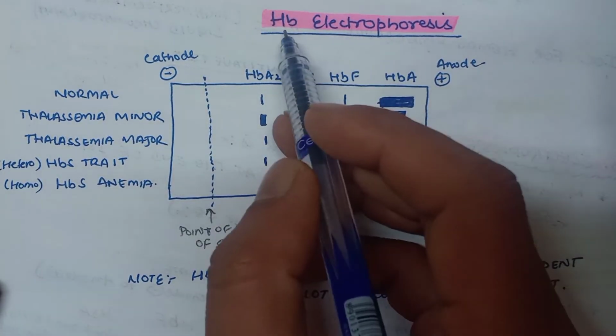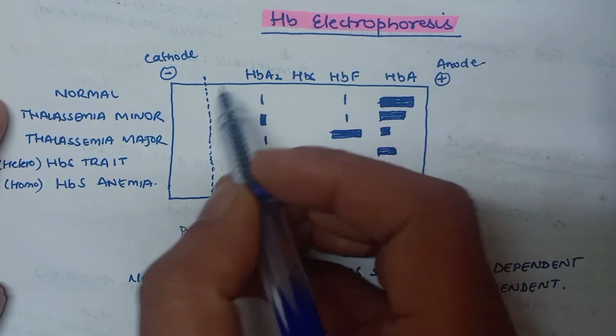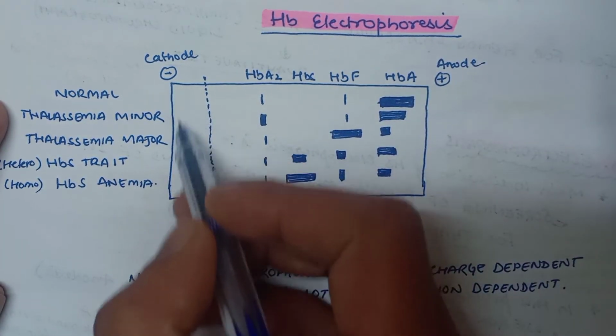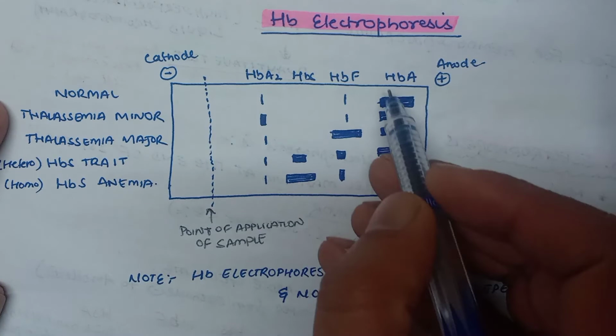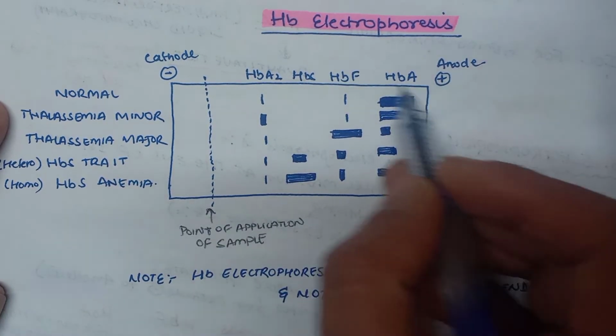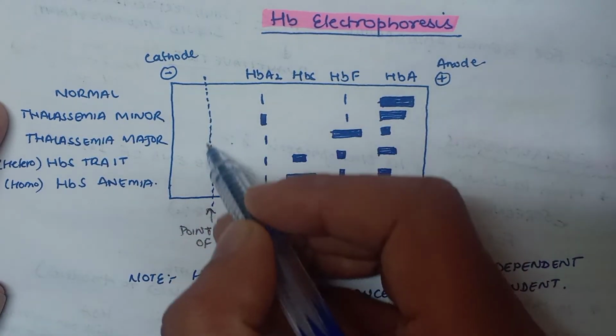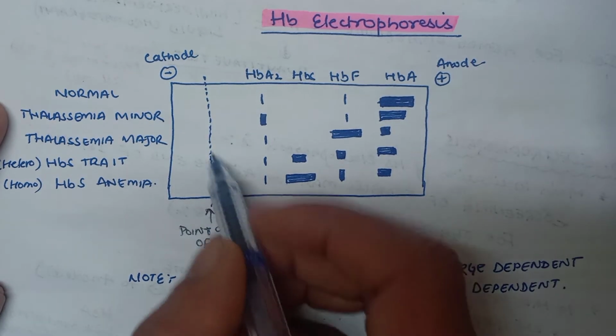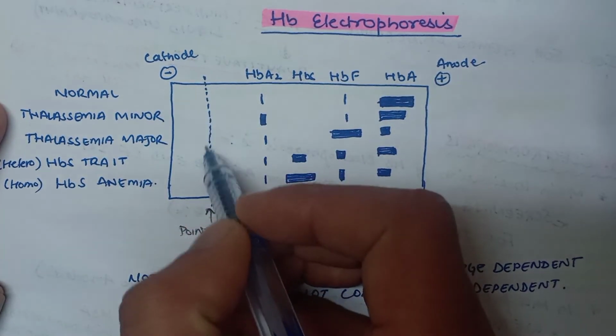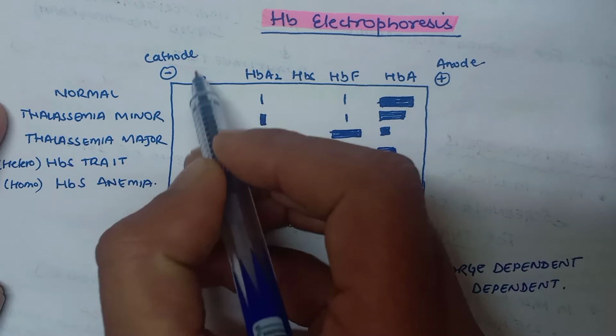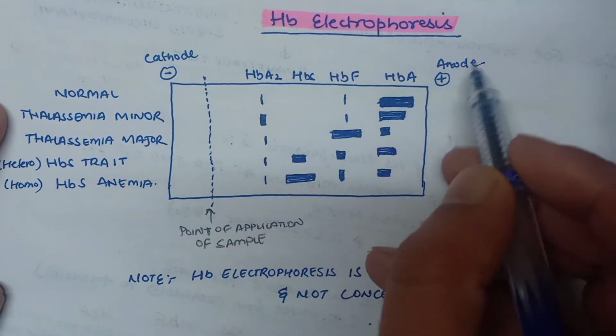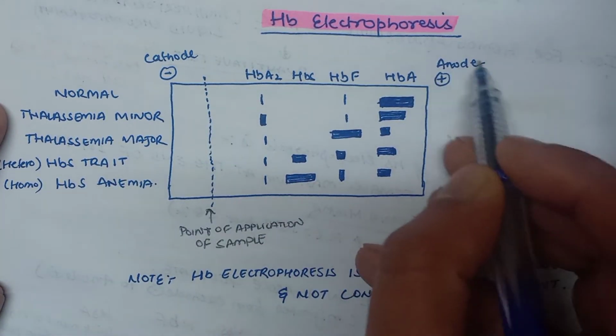So this is hemoglobin electrophoresis. This is the agarose gel plate and this is the point of application of the sample. The sample is applied at this region. This side is the cathode, which is negatively charged, and this is the anode, which is positively charged.